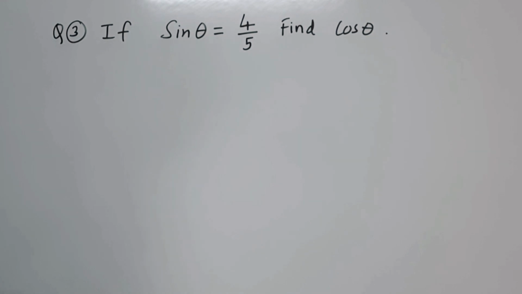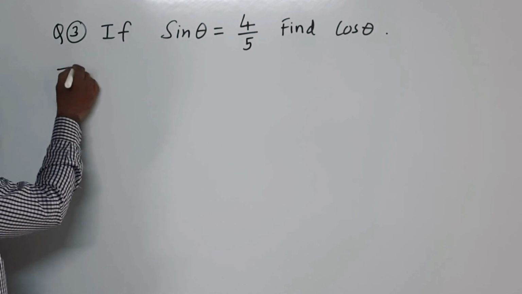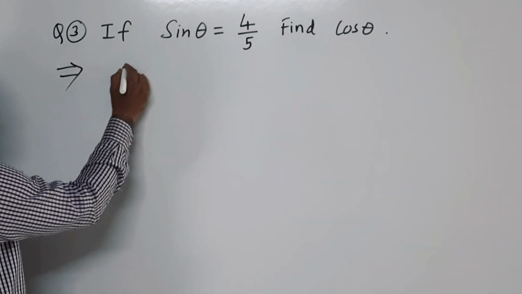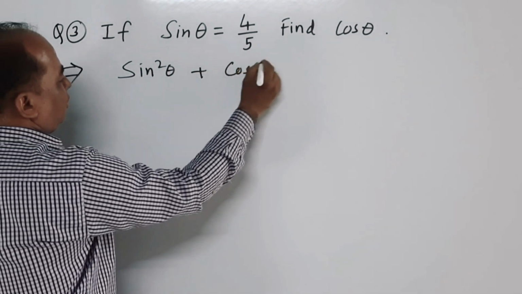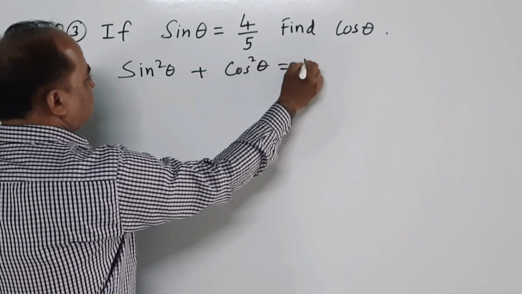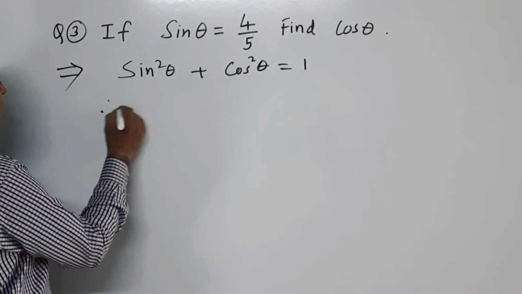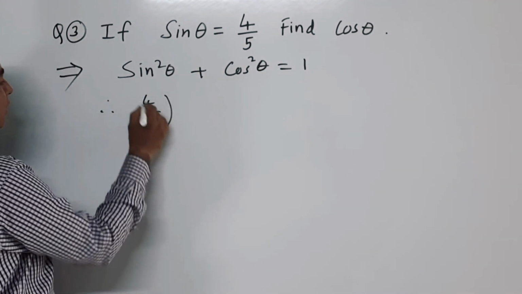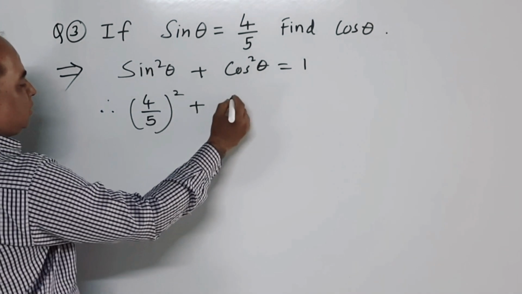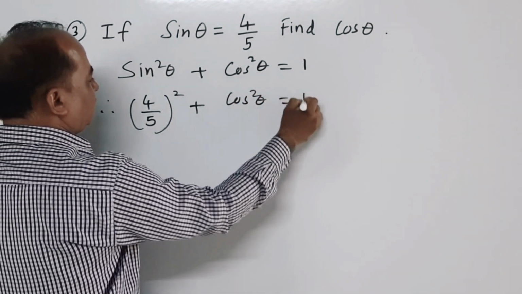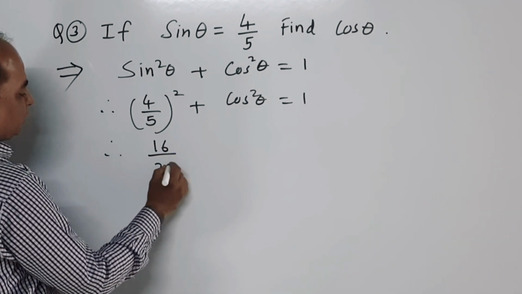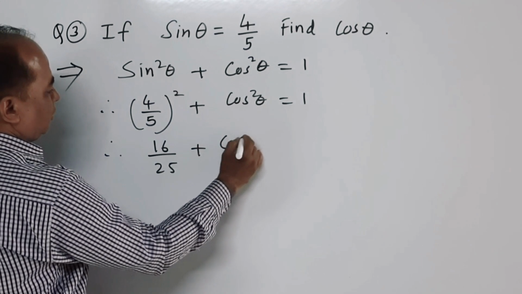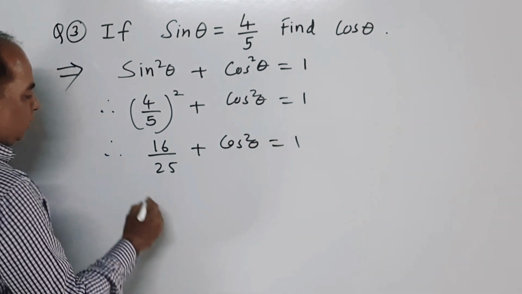Question number 3: if sin theta is 4 upon 5, find cos theta. So using the identity, we'll find the value of cos theta. The identity is sin square theta plus cos square theta is equal to 1. Sin theta is given, so 4 upon 5 bracket square plus cos square theta is equal to 1. Therefore 4 square is 16 upon 5 square 25, plus cos square theta is equal to 1.